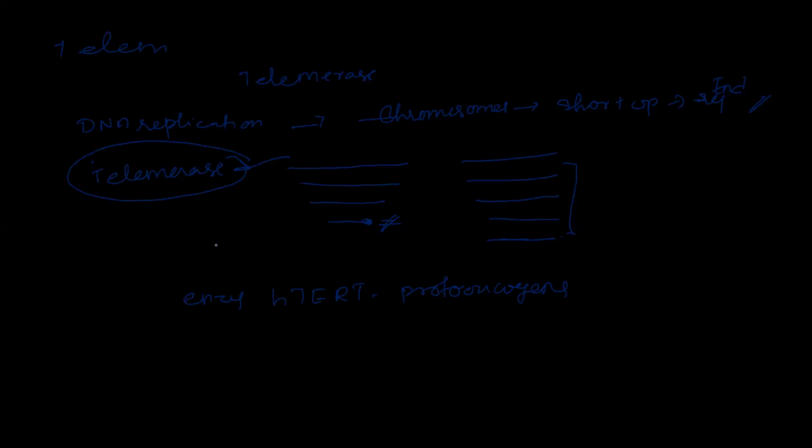Now the cell enters a growth arrest, so there will be no further division. This is what happens in normal cells. In cancer cells, the ability to replicate without reaching a state of arrest can occur with the help of telomerase, and in a few, with the help of HTERT proto-oncogenes.